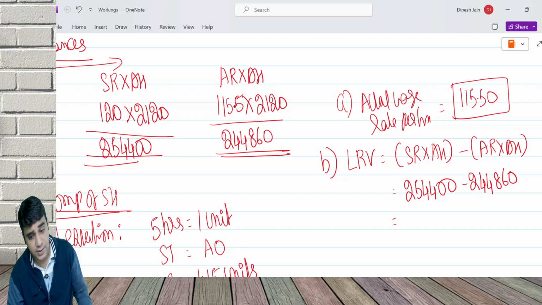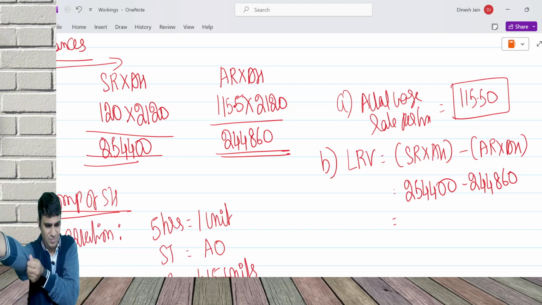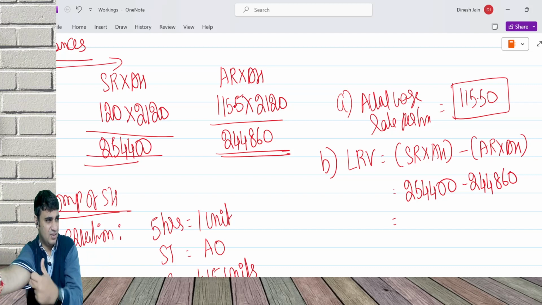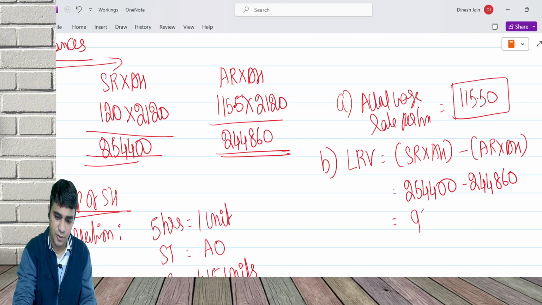What is the labor rate variance? 9,540 favorable. What's the other thing asked in the question?